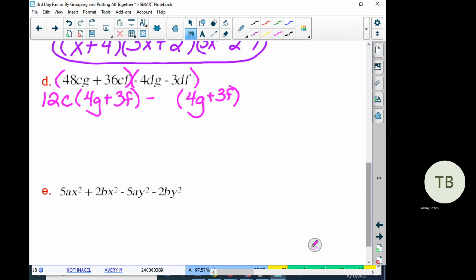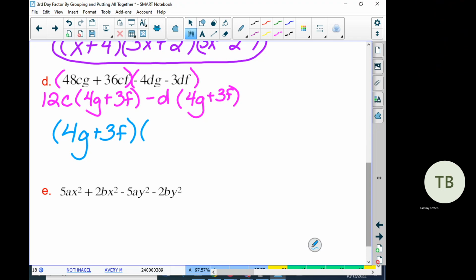I already have a G. So what I have to take out here is I need a D there because this times this has to give you that. Negative D times 4G would give me that. And then you can always check, is negative D times this going to give you a negative 3DF? And it would. Now this one, notice I can start putting together. So I do have these two the same, so I'm going to write that down.